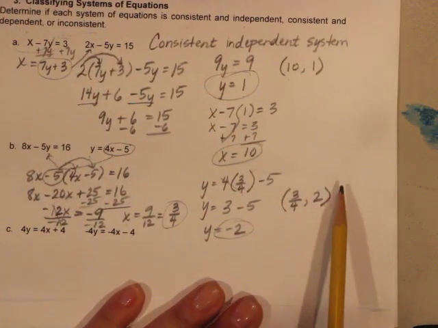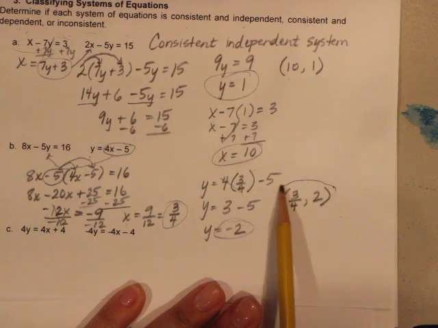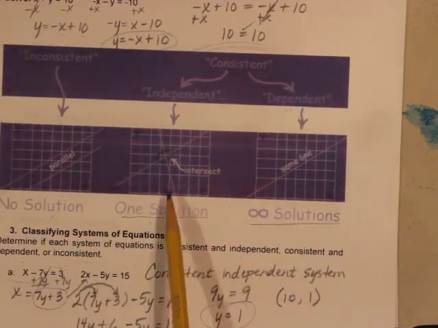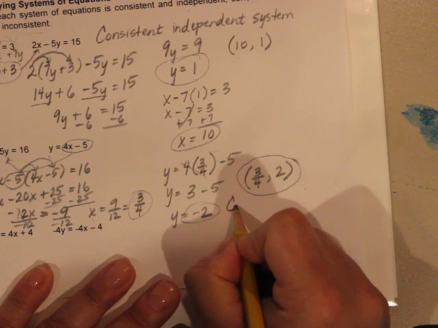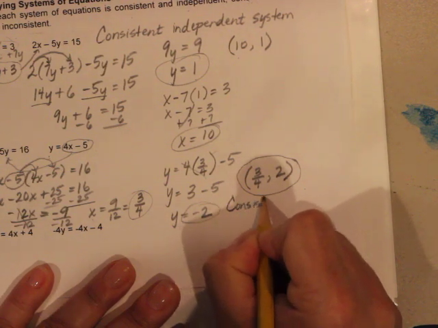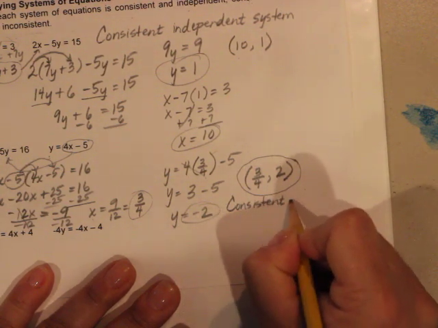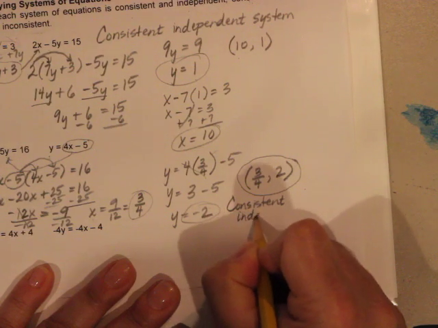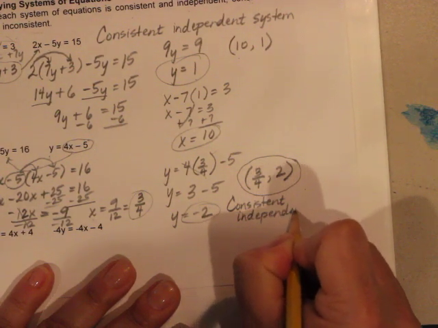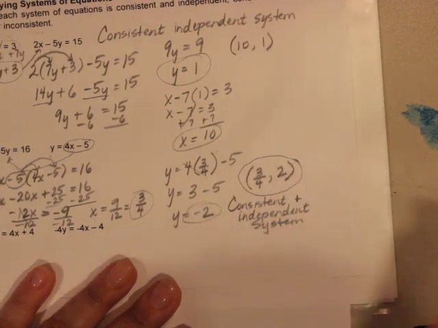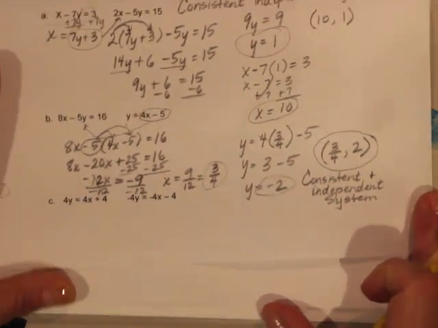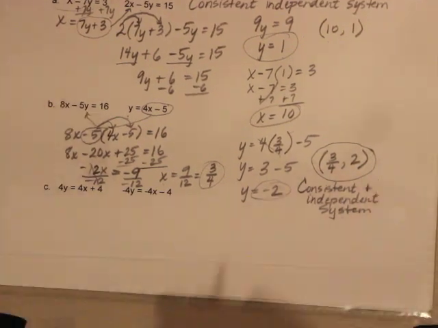Well, in this case, I had exactly one solution, which means it's a consistent and independent system, just like the one above it. So the answer to letter B is a consistent and independent system, because it has one answer.